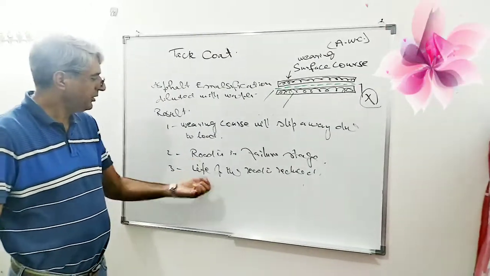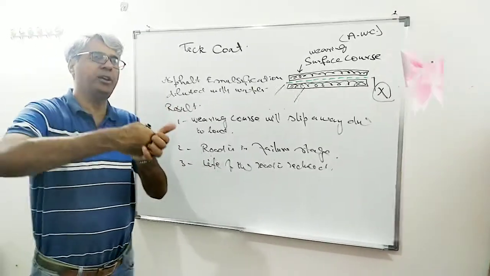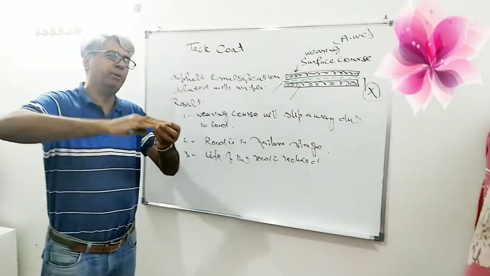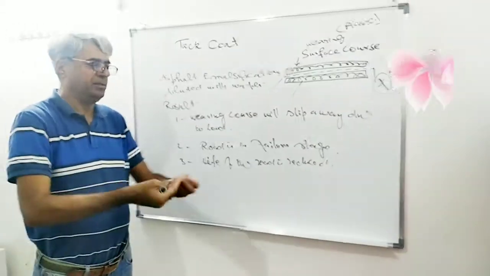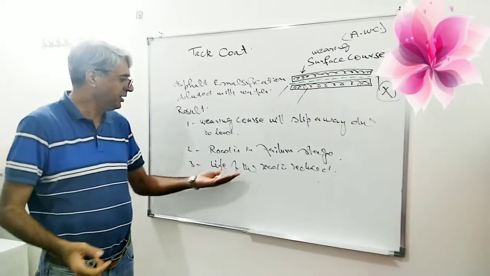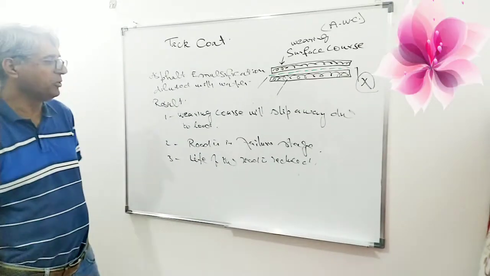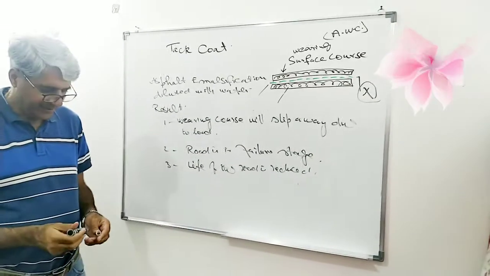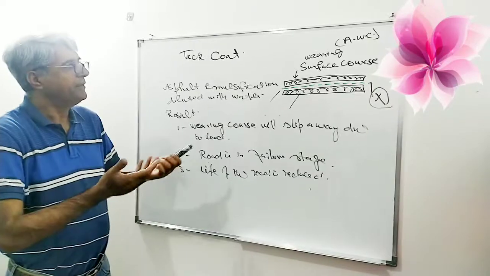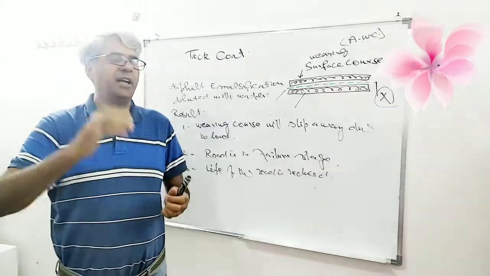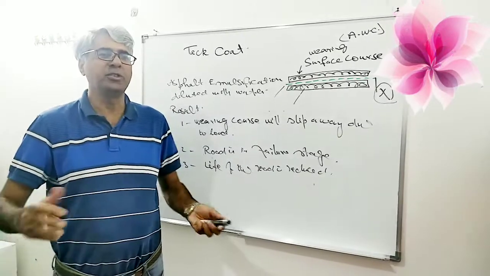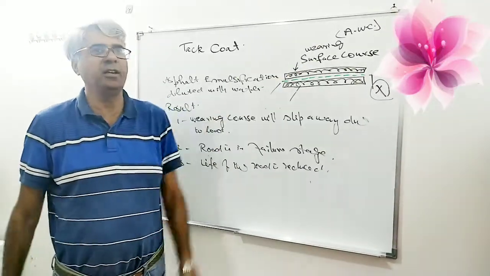That life of the road is reduced, because if temporarily there is some little bonding, when the road comes under service life, it will be destroyed. So that is why I have written this point that the life of the road is reduced. Next, as often people think that today you have done the base course, within 2 days you have to put this wearing course.